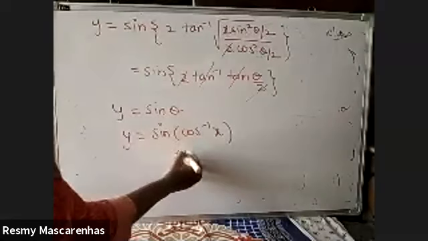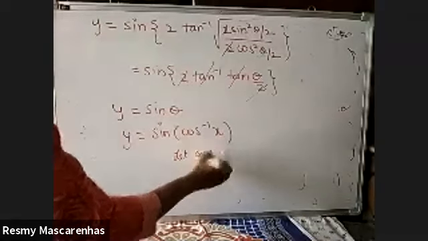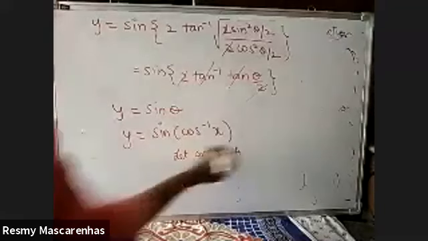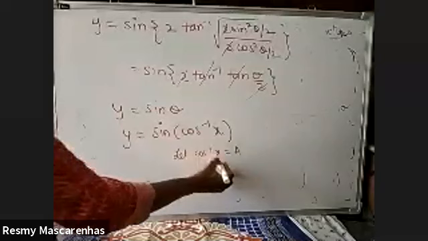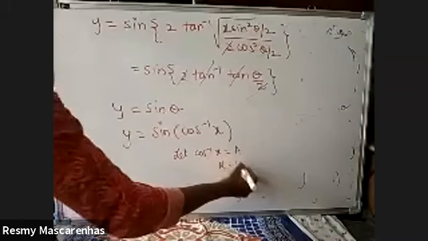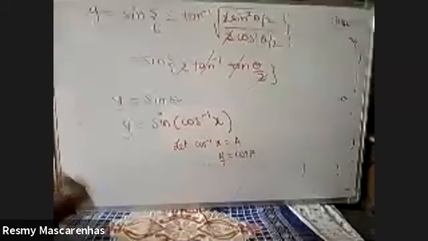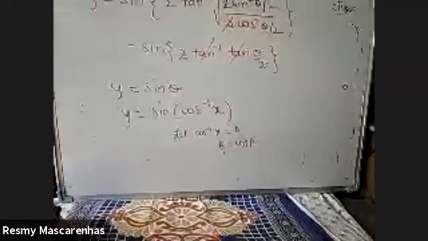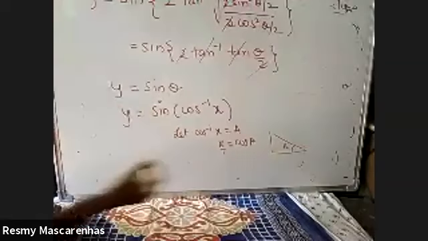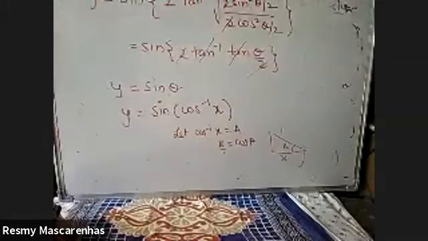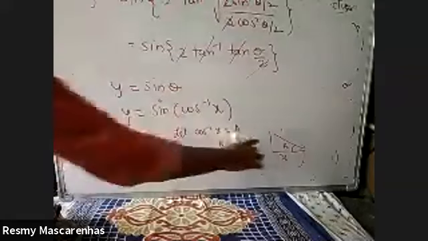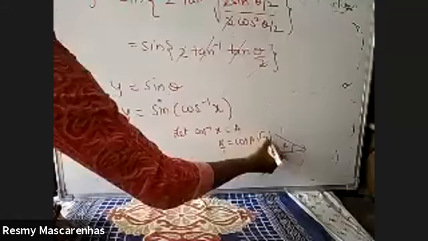So you take any other letter. Theta you already took, can take A. So adjacent upon hypotenuse. This will be root of 1 minus x square.